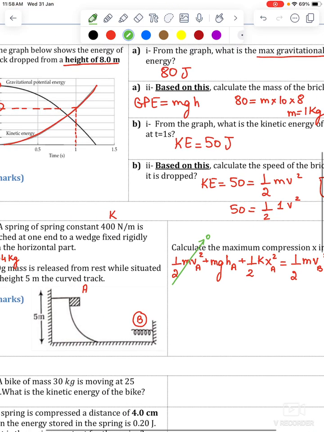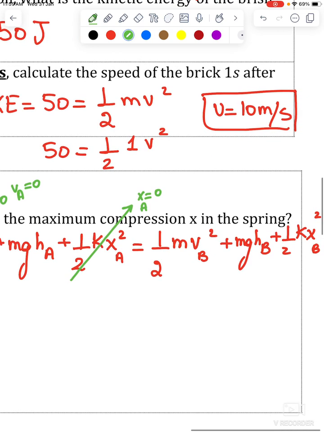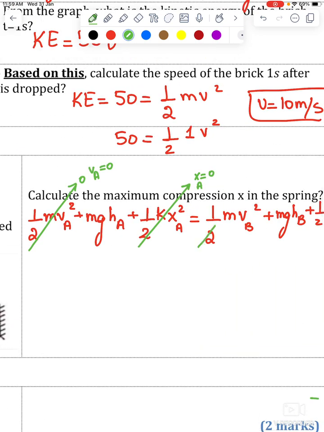Also on A, I had no compression, the spring was not compressed, because x of A was equal to 0. Later, when the spring will be compressed at position B, the block will stop.